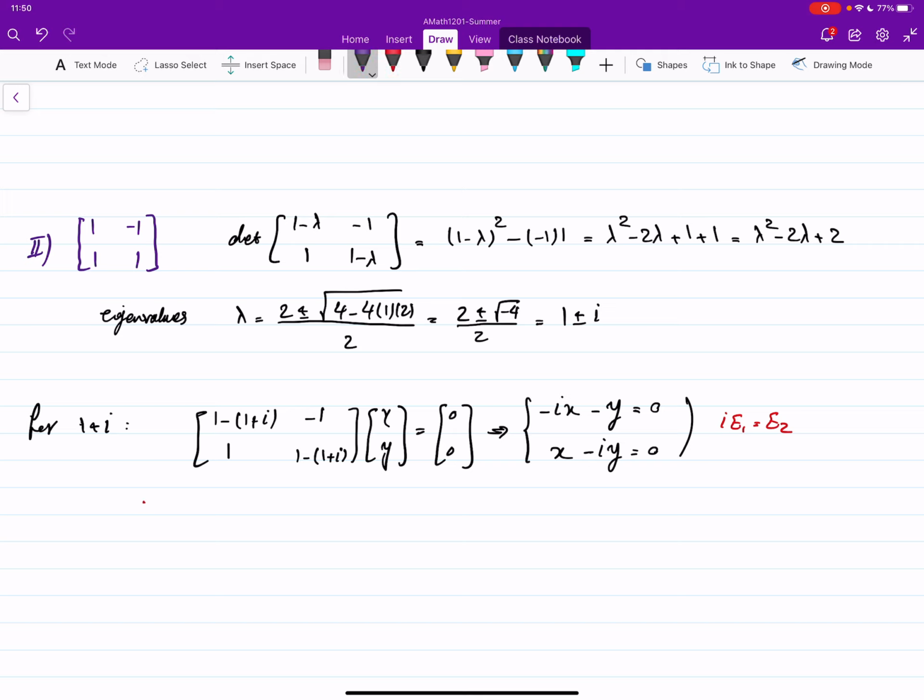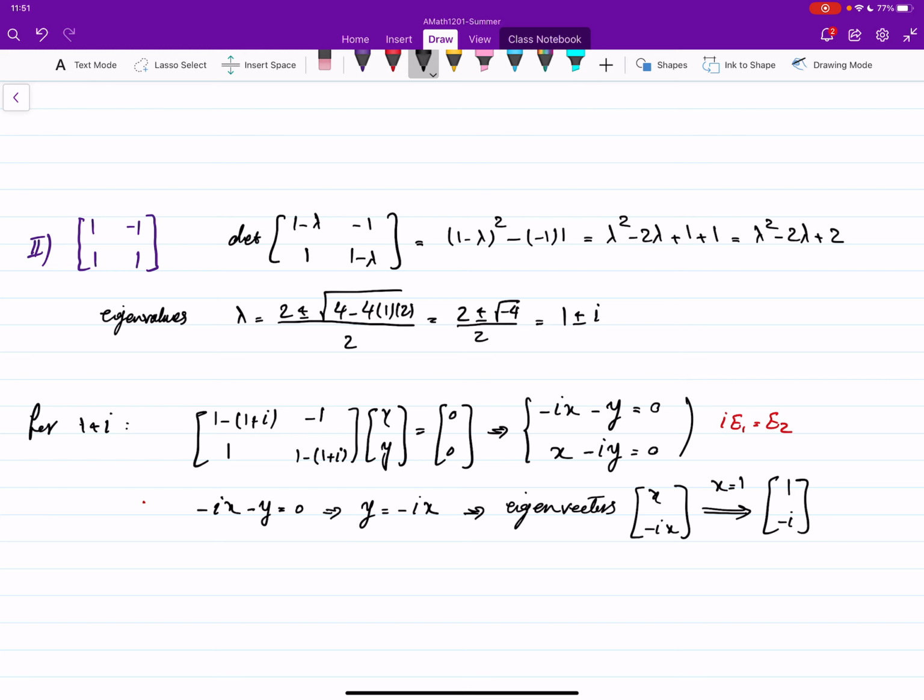So solving that one, this will give me minus i x minus y is equal to 0. That means that the second component is going to be negative i x. So that means that eigenvectors are going to be x, minus i x. In particular, if x is 1, you may get 1, minus i.